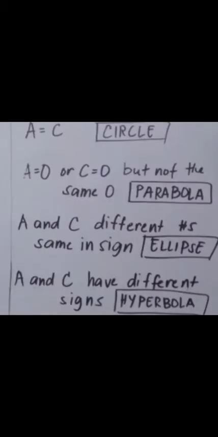Next, we have if A and C have different numbers but the same in sign, the equation forms an ellipse. So the example of an equation that forms an ellipse is example number 1. So that is x squared plus 4y squared is equal to 16.